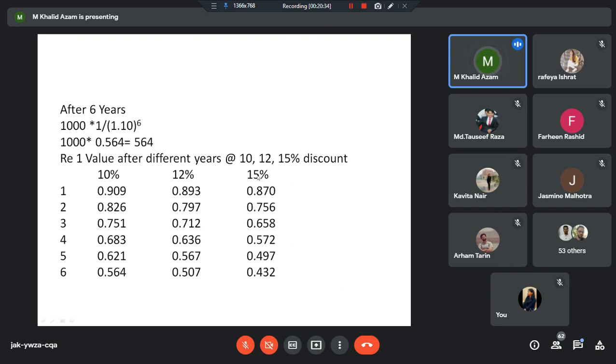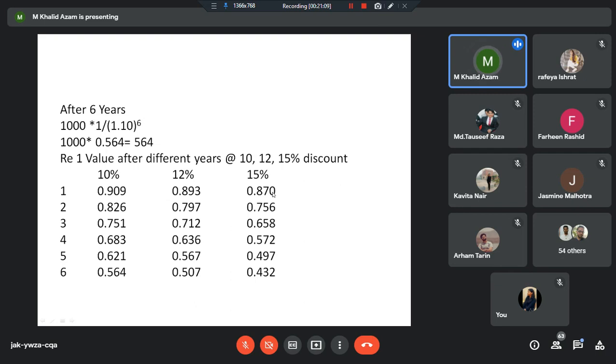Now take this 15%. When you are going to discount at 15% rate of interest, that means you are going to discount more. Naturally, its value is going to reduce. So it was 0.909 at 10% first year, at 12% it has reduced to 0.893. But if you discount at 15%, its value is going to reduce further. So from 0.893 at 12% after 1 year, at 15% it is 0.870.